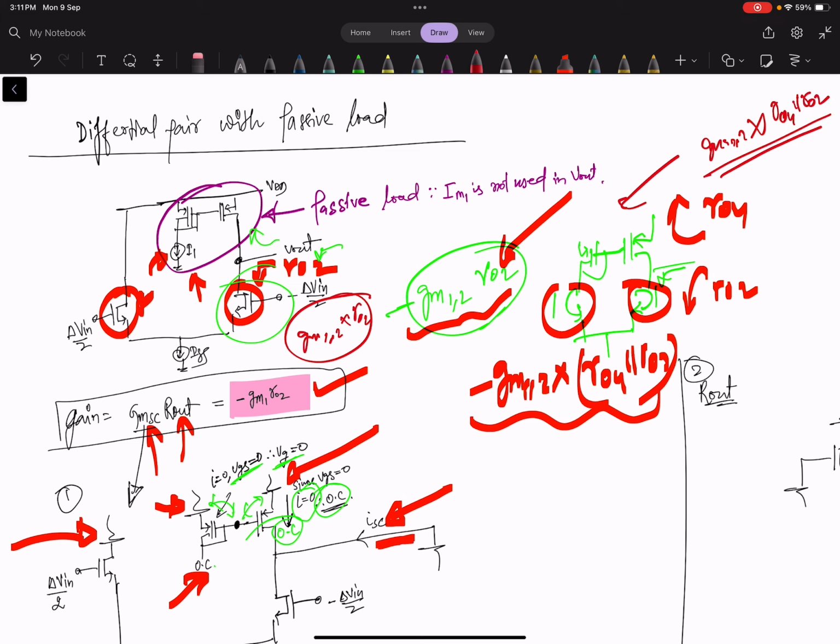Simply don't include the resistance seen from here and all those things, that is the derivation part. When you calculate the R equivalent, then the short circuit transconductance equivalent, then you multiply, you will reach this point. So simply the answer is this, and this is for the active current mirror. Hope you understand.